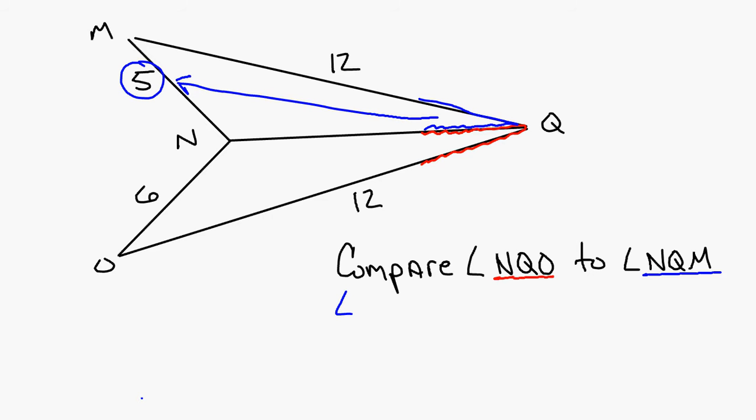So angle NQM is going to be less than angle NQO. That makes sense, right?